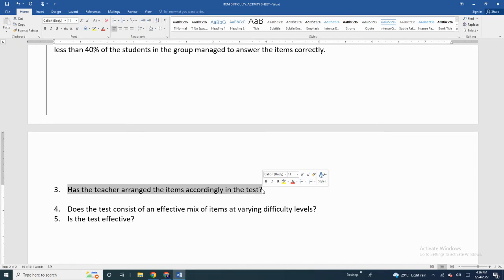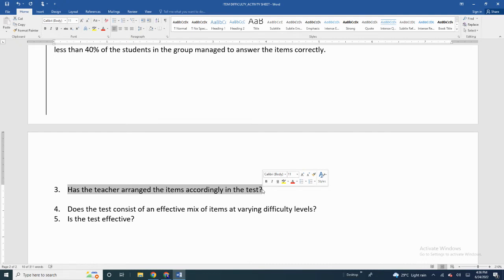And this is recommended because the manner the items are arranged and structured assists students to build their thinking capacity. As they move along, it gets harder. So it's easier to scaffold the thinking process when they are answering the items that have been arranged in that manner. Okay? And you don't even want to surprise students with the most difficult item as the first item. You don't want to dishearten or demotivate them.